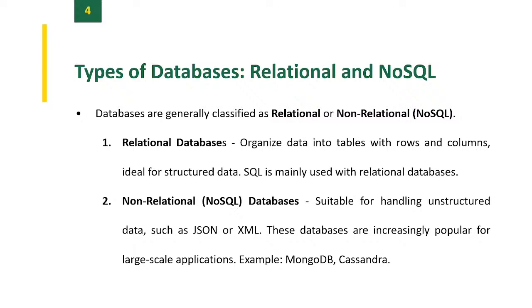Examples of these databases include Cassandra, MongoDB, and so forth. So the two databases that we have are the relational database and the non-relational database. In this course, we will focus on the relational database, that is, SQL.